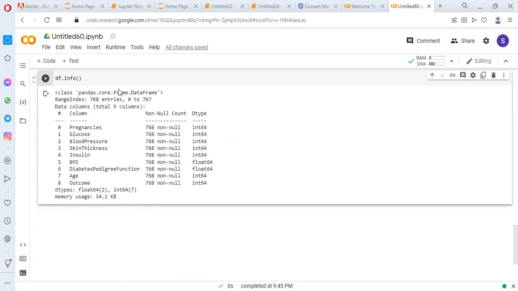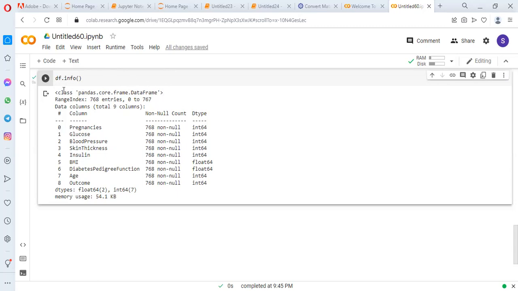This information is coming from the class pandas.core.frame.DataFrame, because pandas is a library defined in a class. DataFrame is basically an object, frame is a class, and core is basically the object of the library pandas.